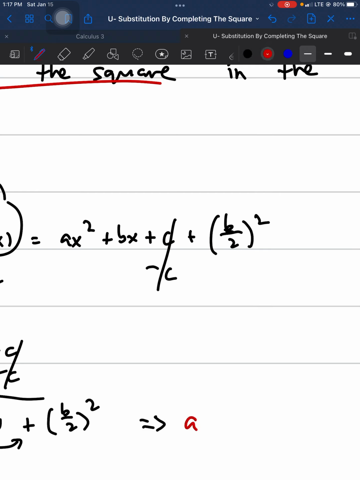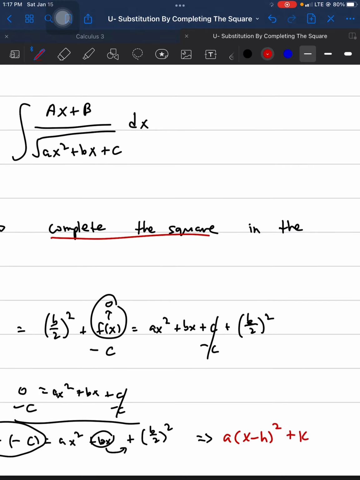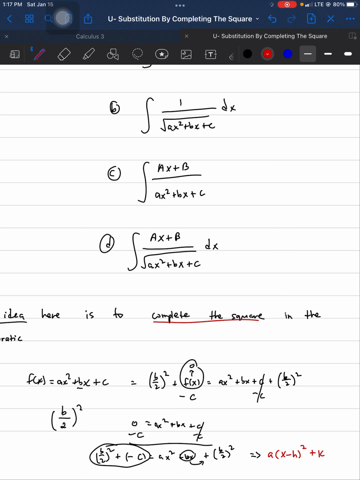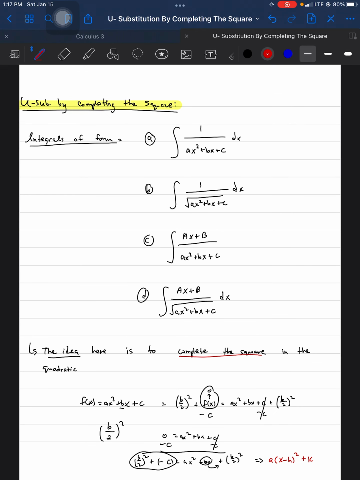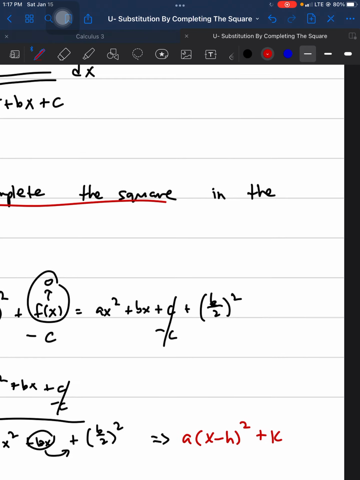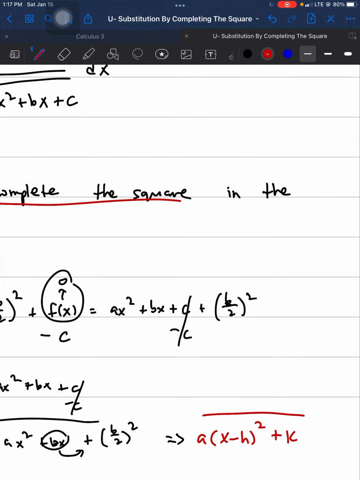So it would look something like this, where you have a(x minus h) squared plus k. And this allows us to basically simplify the entire quadratic, so we can factor it and then integrate separately, because this is going to be like that, right?